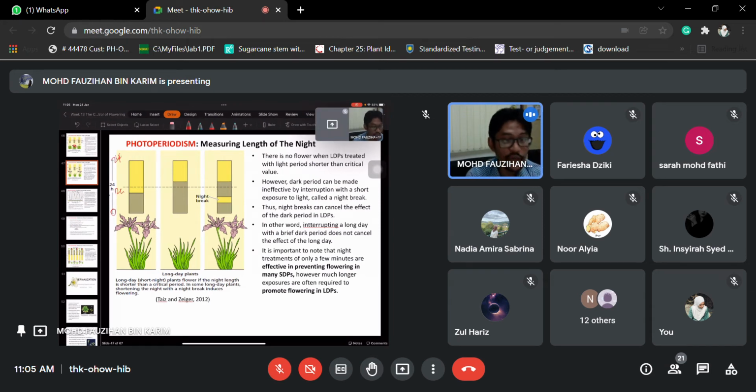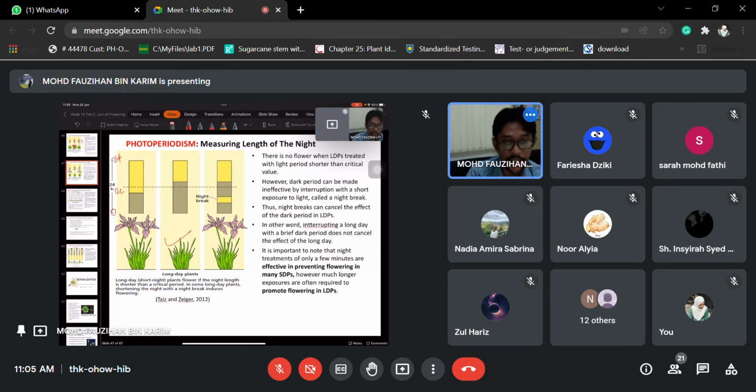Tapi if you give a night break, waktu gelap tu, even though you bagi 12 hours of darkness, sepatutnya dia tak flowering like this. Right? Sepatutnya tak flowering. Tapi katakanlah you bagi gelap pukul 12.30 malam sampai pukul 10 pagi. Alright? 12.30 malam sampai 12 tengah hari is 12 hours of darkness. Tapi kalau you bagi dalam pukul 3 hingga pukul 4, tak kisahlah, right?